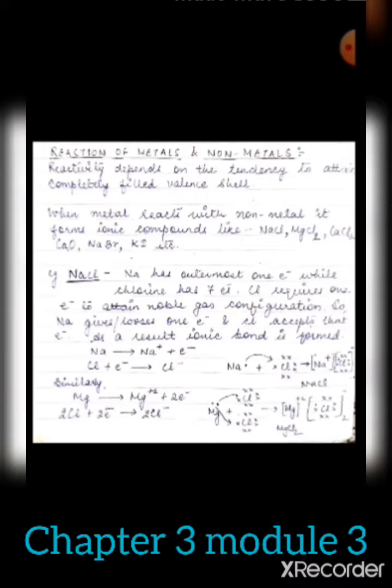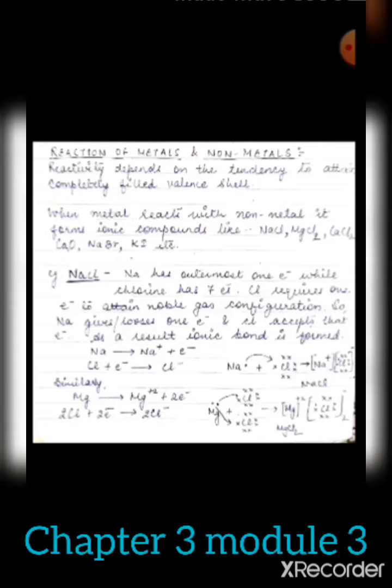Reactivity actually depends on the tendency to attain a completely filled valence shell. This I have told you before also, the octet rule. So the cause of chemical combination is the tendency of the atoms to complete their octet, that is the outermost shell with 8 electrons, or sometimes it is a duplet also, the outermost shell having 2 electrons.